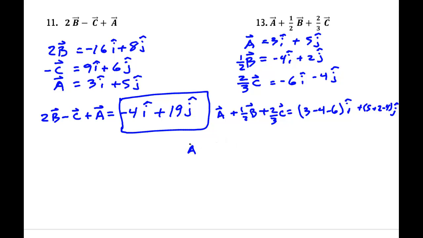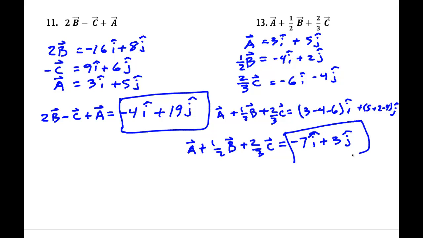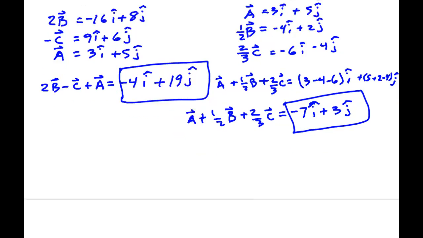So a plus 1/2 b plus 2/3 of the vector c is minus 7i hat plus 3j hat. So that takes care of problem number 13. All right.